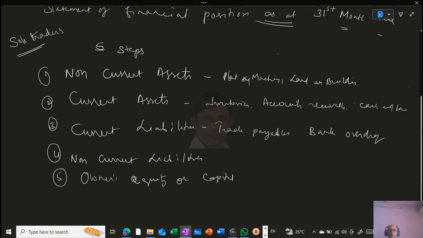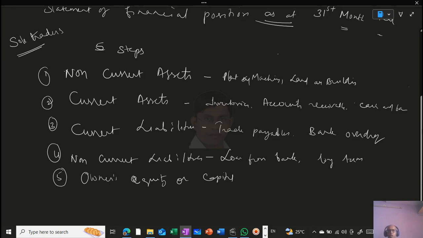What are non-current liabilities? Non-current liabilities are those liabilities which we are not obliged to pay immediately, within a period of 12 months. Suppose we have taken a loan from a bank or long-term loans from anyone. That is why they are called non-current liabilities.